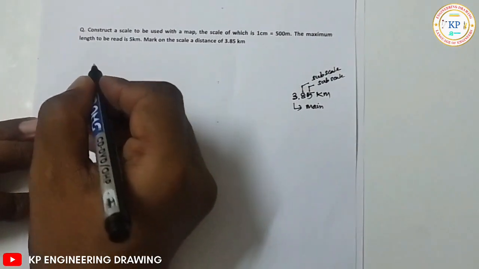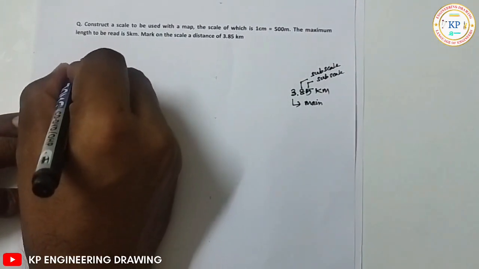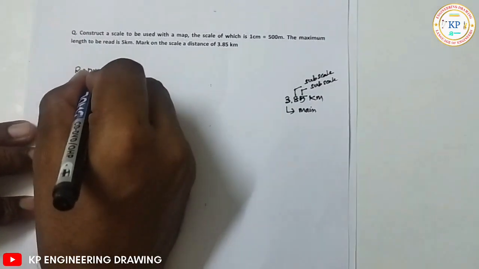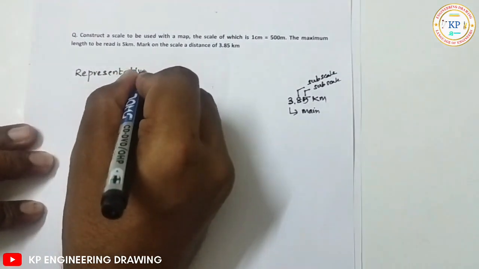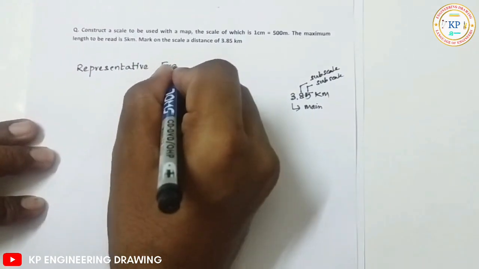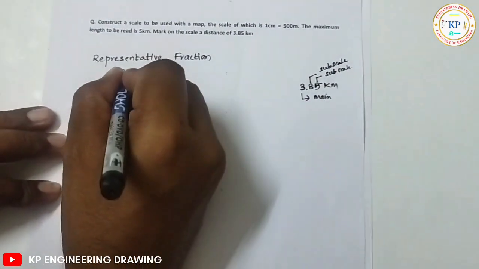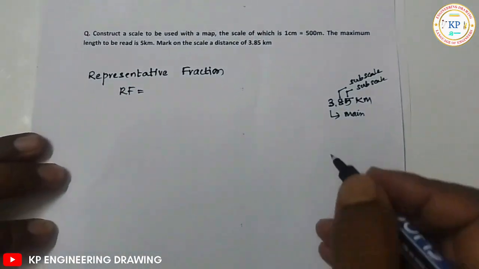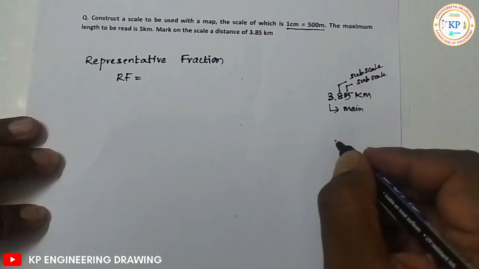So in the problem RF is not given, so RF, representative fraction. RF is equals to, he has given that 1 centimeter is equal to 500 meters.